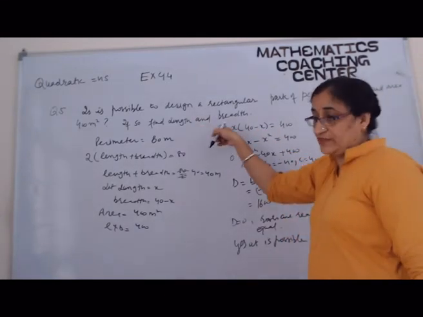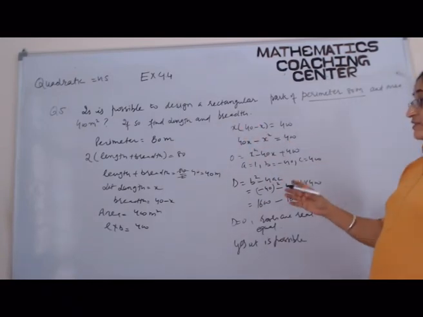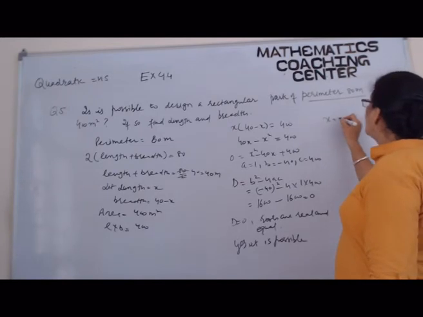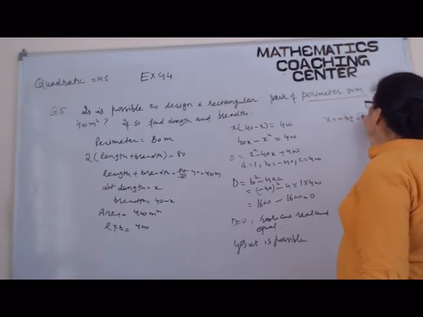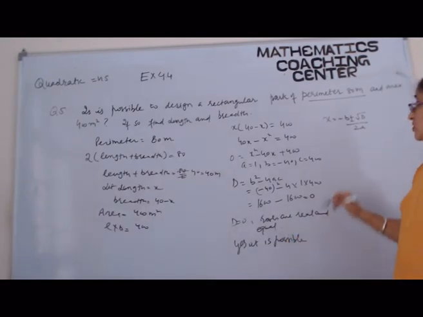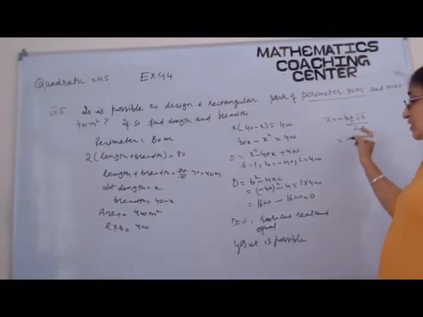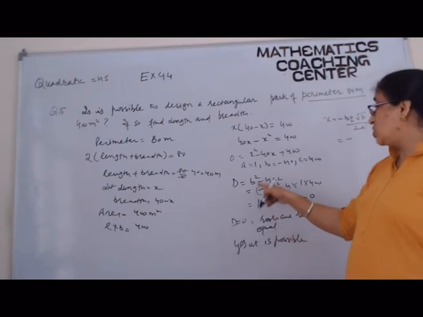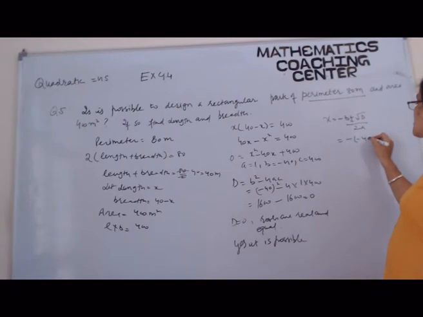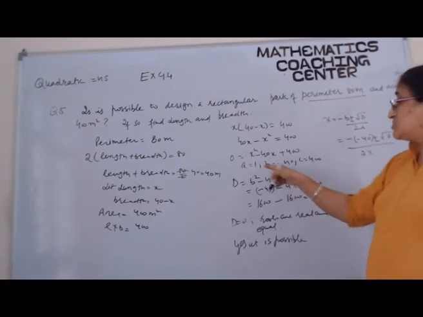The next part is length and breadth, so you have to find the value of x. So x is equal to minus b plus minus under root D over 2a. You have to use the quadratic formula. Here b is equal to minus 40, so this is 40 plus minus under root D. Here D is 0, over 2a, now a is 1.